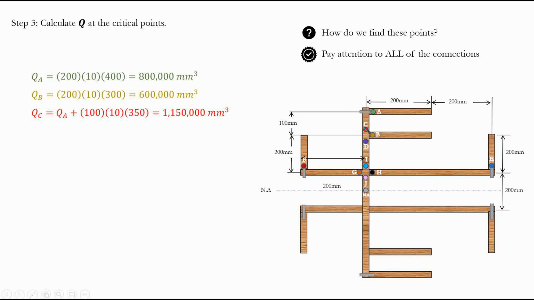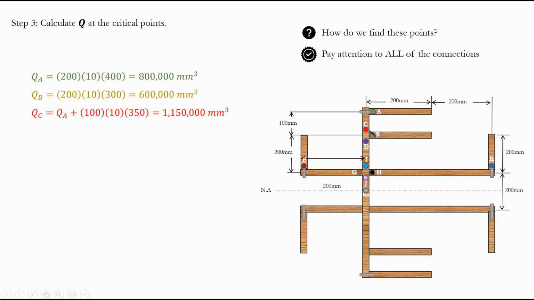Because that's exactly the same concept, right, for centroid. So what we do is say QC is equal to QA plus the Q of this segment, right? Or you could say if these are two separate pieces, the Q of this segment will be the QA, plus the Q of this segment, right?